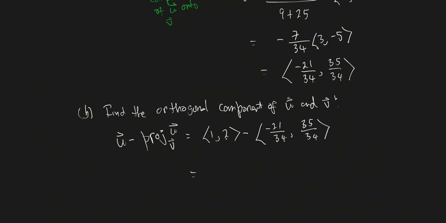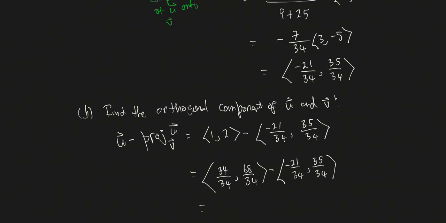So let's go ahead and get a common denominator of 34. So the first vector here would be 34 over 34, comma 68 over 34, and then minus -21 over 34, and then 35 over 34.